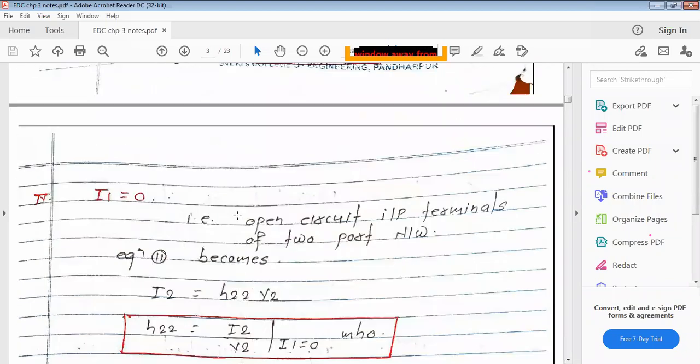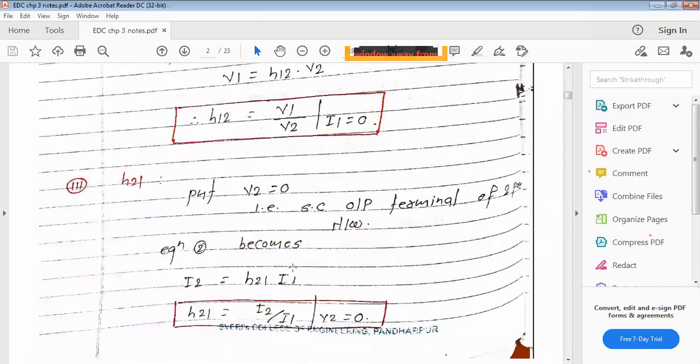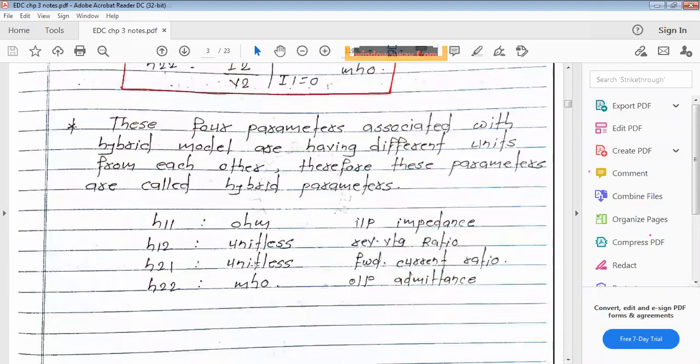For example, volt gets cancelled, so this ratio does not have any unit, and that's why the gain is unitless. Next, H21 is the forward current gain, I2 upon I1.